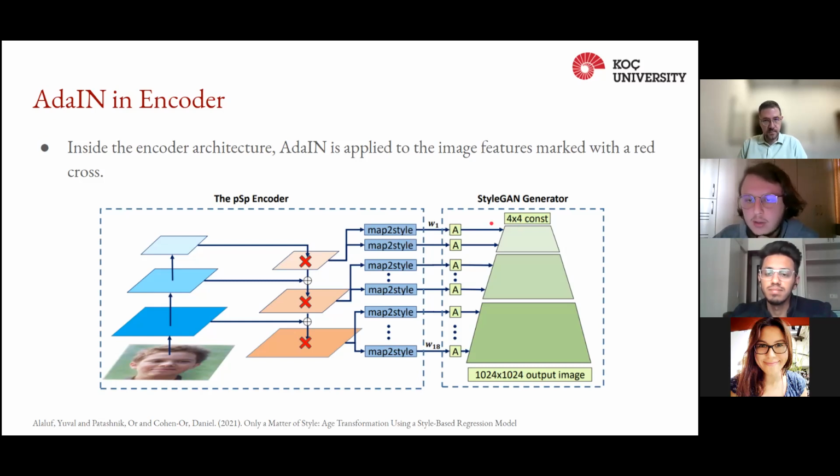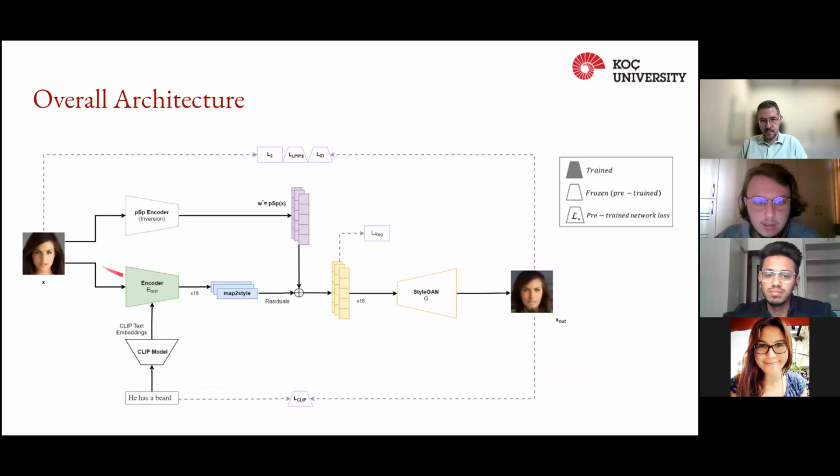We don't do this on the right-hand side. We don't feed the latent codes directly to the generator, but let me go over here again. When we output from the encoder, we output residuals, and then first we add them to the original inverted latent codes, and then feed this to the StyleGAN generator to obtain this manipulated image.